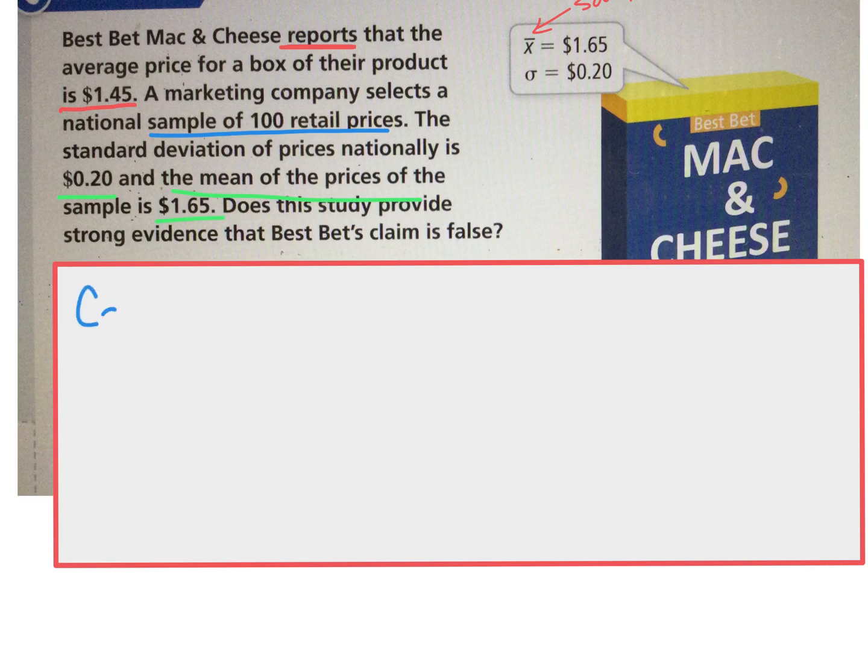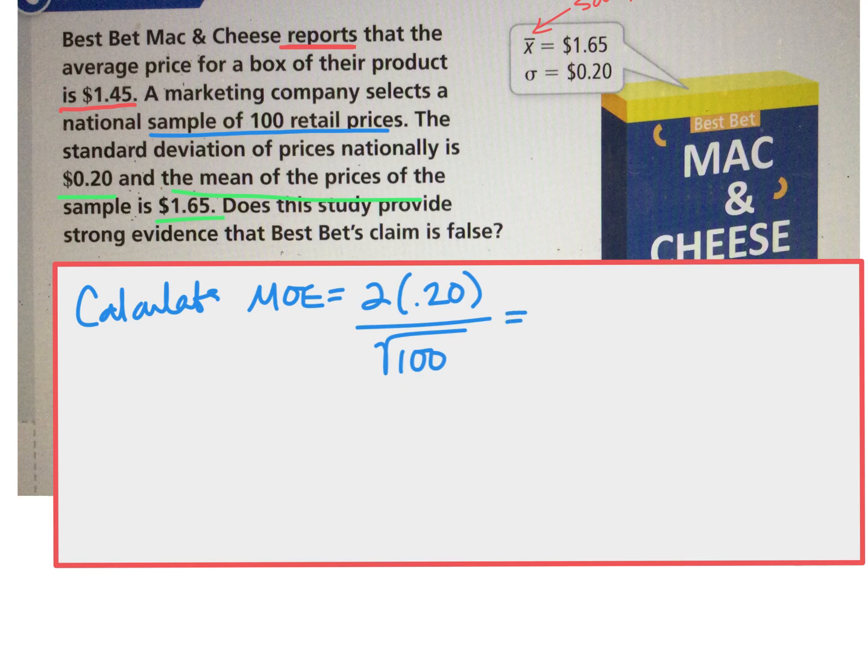So for step 2, we're going to calculate some things. We're going to calculate our margin of error. So this is what we did in our previous lessons. We're going to do 2 times my standard deviation, which is 20 cents, over the square root of my sample size, which is 100. And that's going to give me a margin of error of 0.04.